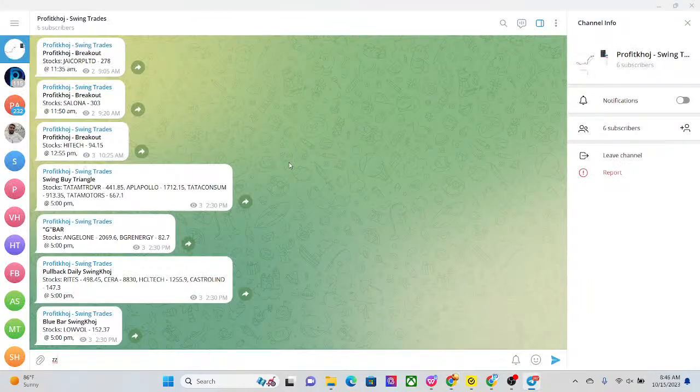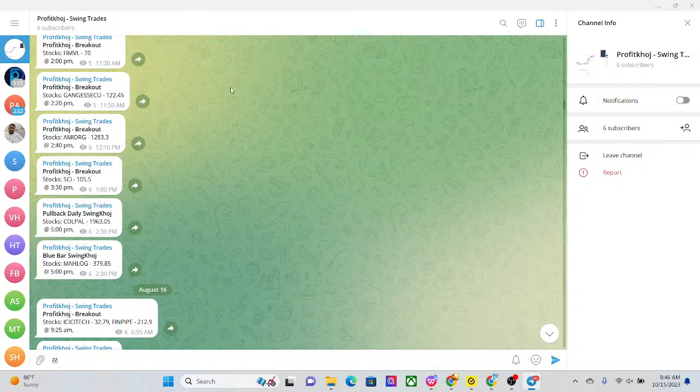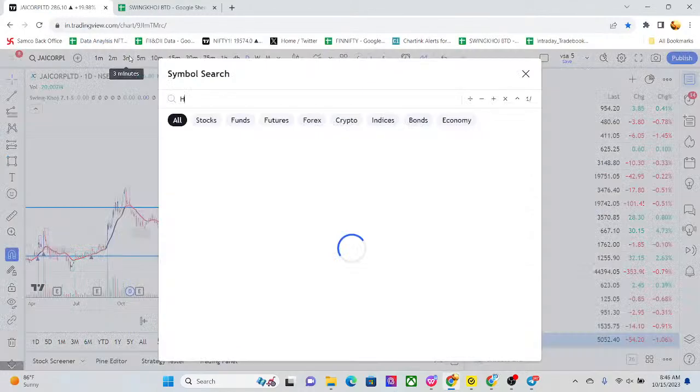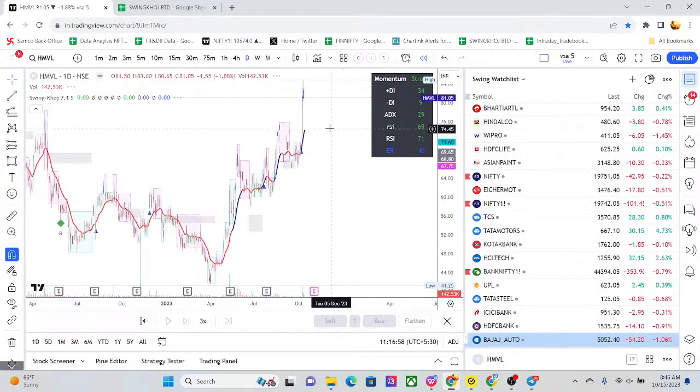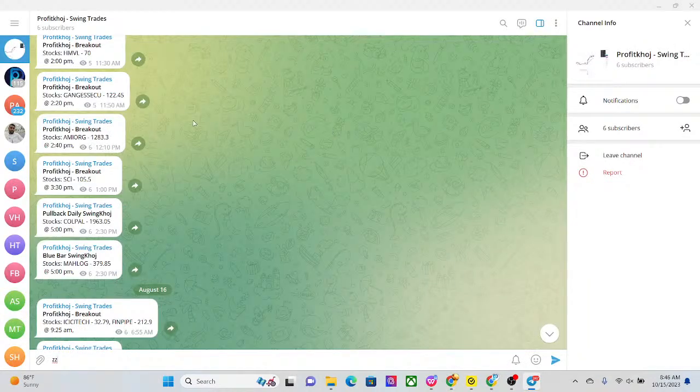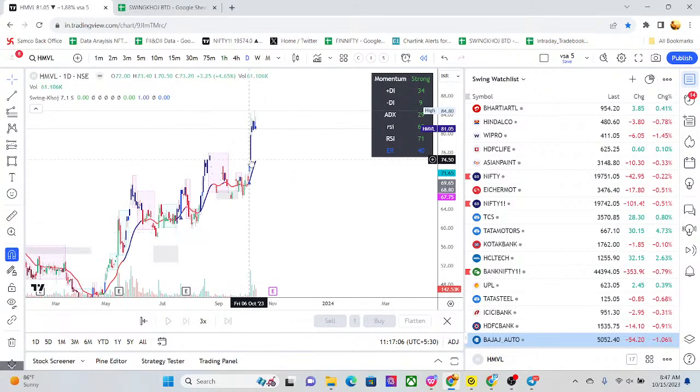So breakout, it's very hard to teach actually how to trade breakouts. You have to learn with experience. Okay, HMBL, you can see HMBL. Around when we got this 70 rupees, we got this breakout here, somewhere around 70, I think.